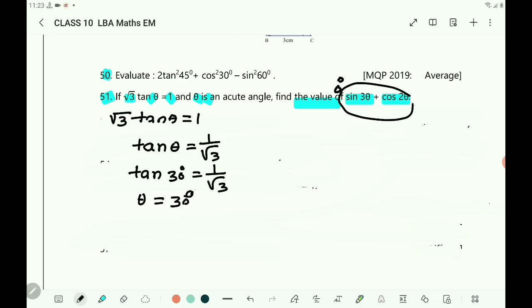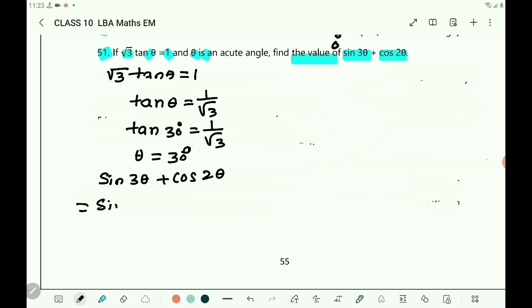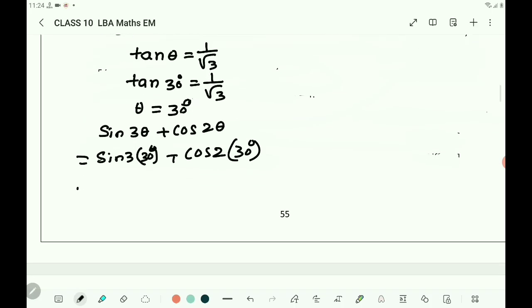Now take sin 3 theta plus cos 2 theta. Theta value is 30 degree, so it equals sin 3 into 30 degree plus cos 2 into 30 degree. 3 into 30 is 90, and 2 into 30 is 60 degree.